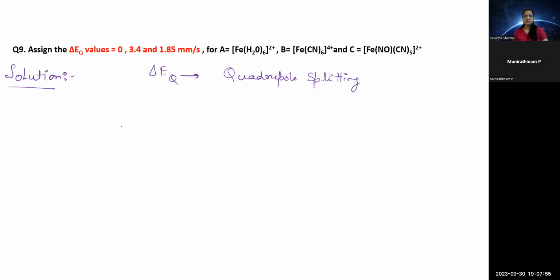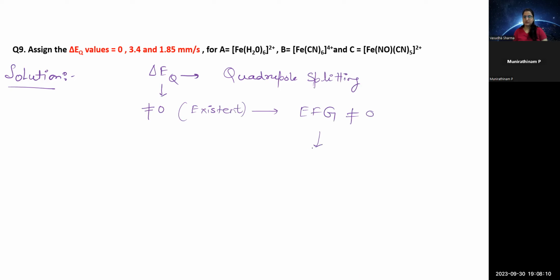We know that for delta EQ to be non-zero or to be existent, we need to have electric field gradient non-zero.